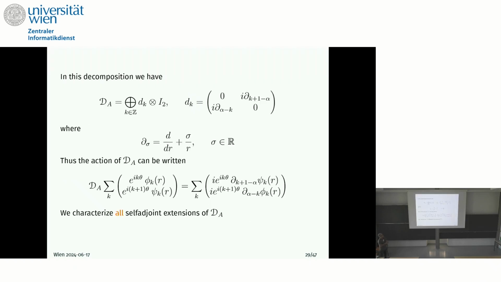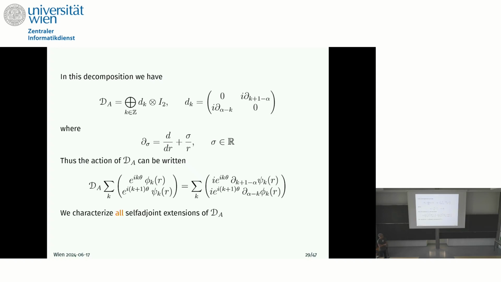Okay, so when you write down the operator in this decomposition, you get identity in the angular part and some radial operators in R. I write d sigma to mean partial sigma, the radial derivative, plus sigma over R. And so this is explicitly the action of dA, okay?